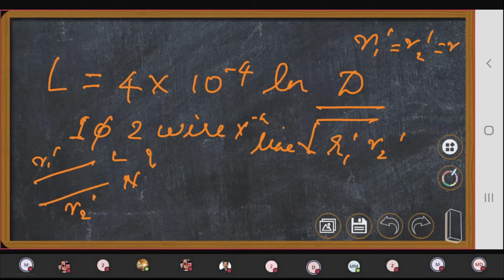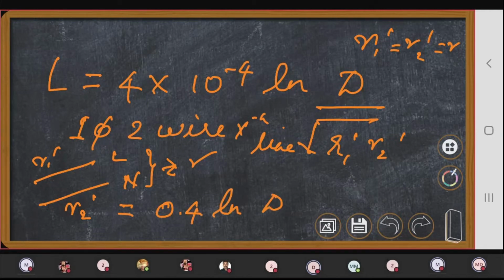So it becomes clear: 4 into 10 power minus 4, that is 0.4, ln D by R into R. Inside the root it is R square, isn't it? While taking R square, the square root of R square is nothing but R. So 0.4 ln D by R millihenry per kilometer.